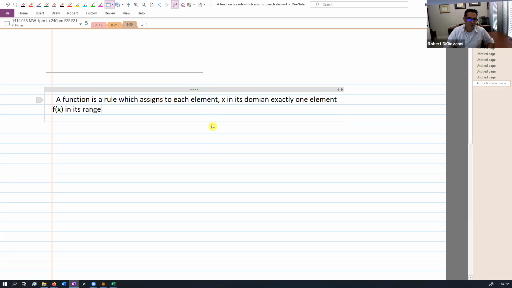Okay, so that is the more formal definition of a function.